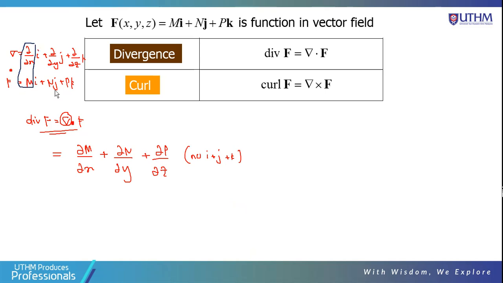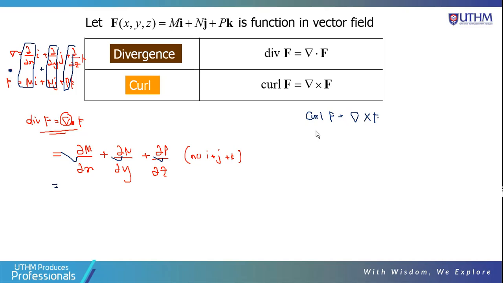Okay, so we solve for this one. Given here, at this point (1, -1, 2) and 1. So the divergence of F equals del dot F. You identify all the M, N and P, so you know this one: xy, xz, xyz squared.